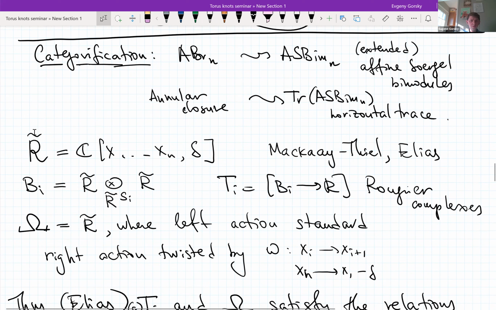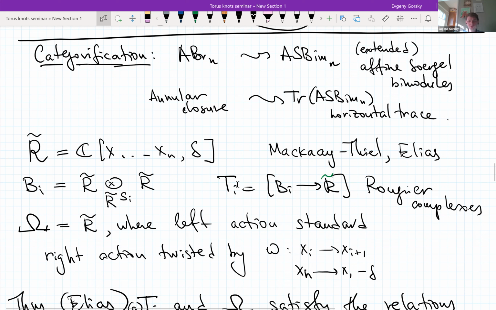We have a ring R with variables x1 through xn, and an additional variable delta. We have the standard bimodules Bi, which are just R tensor R tilde times R tilde over invariance under simple reflection. And then you have the standard Rouquier complexes. I guess we need a tilde here.